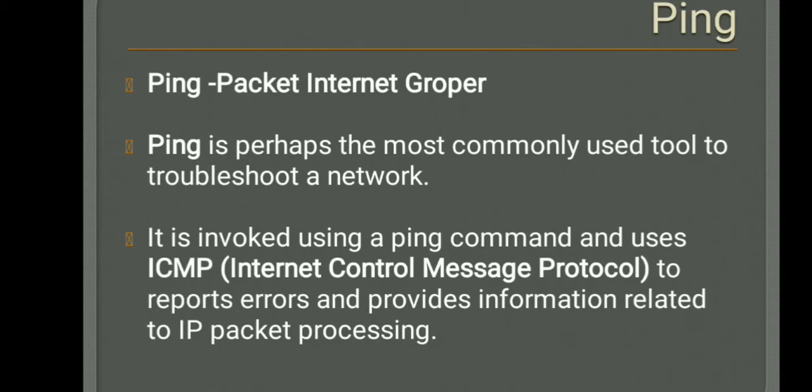Now how does a ping work, and how are we invoking a ping message? A ping message is invoked using the Internet Control Message Protocol. So what does the protocol do? It sends an echo request message to a specified IP address or destination node.